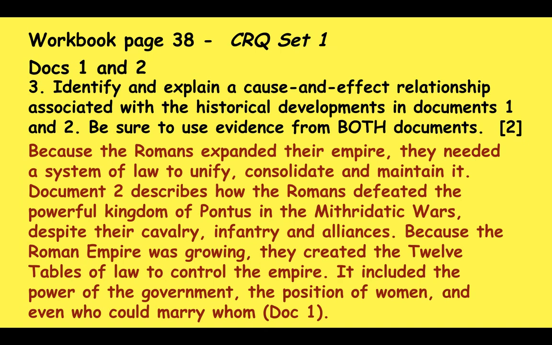So because the Roman Empire was so successful in gaining territory like Pontus, they created the 12 Tables of law to have control, to create order and stability. And the 12 Tables included the great power of the government, the position of women as being inferior to men, and even could control who was allowed to marry whom.